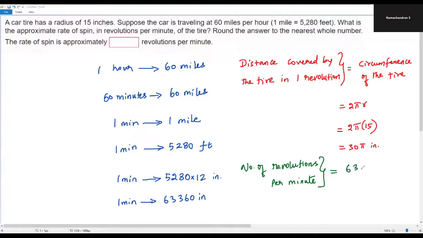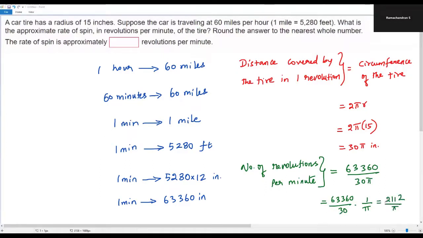That is 63,360 over 30 pi. We can write this as 63,360 over 30 times 1 over pi. The value of 63,360 divided by 30 is 2,112, so we get 2,112 over pi.